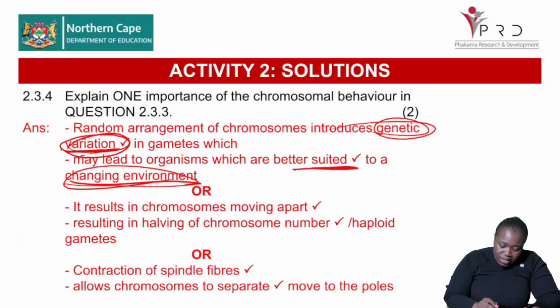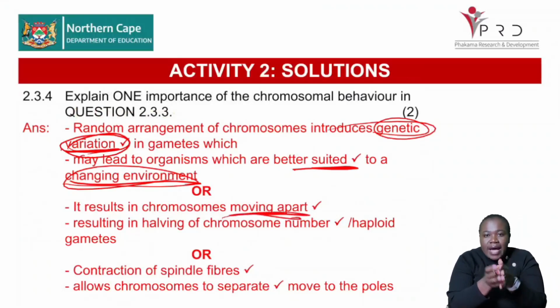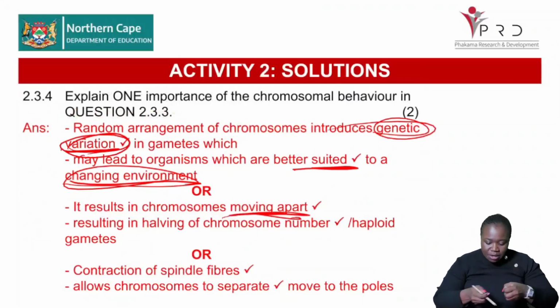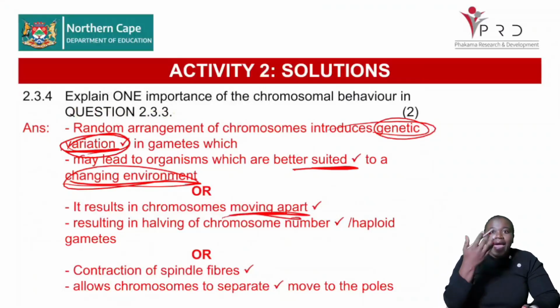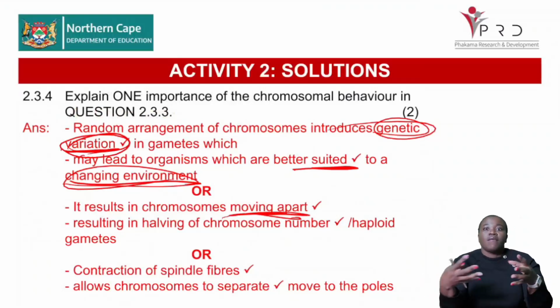Okay, another option, it results in chromosomes moving apart. When the chromosomes are attached to the spindle fibers, when the spindle fibers contract, they can pull them to the opposite poles, and that leads to the halving of the chromosome numbers. Another reason why meiosis is important, it has the halving effect. We want the chromosome numbers to be halved. We know that this is important for fertilization.